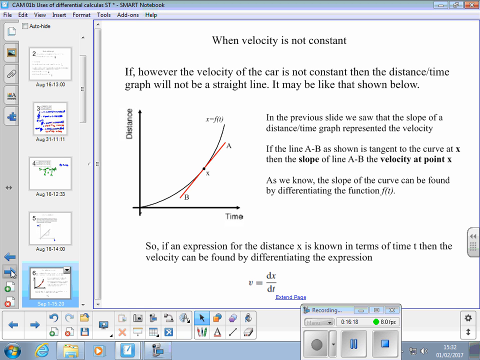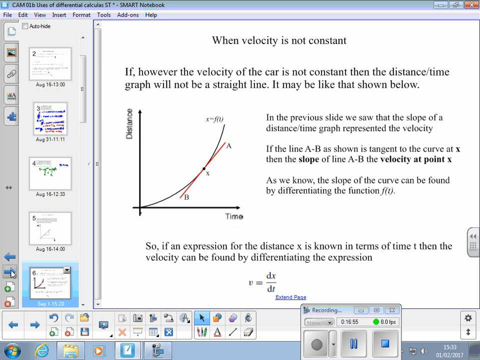Sorry. In the previous, we saw that the slope of the distance time graph represented velocity. If we look at that line I've drawn on there, a line from A to B, passing through a single point on that function for x, if the line AB is a tangent to the function, then the slope of the line AB is the velocity at point x.